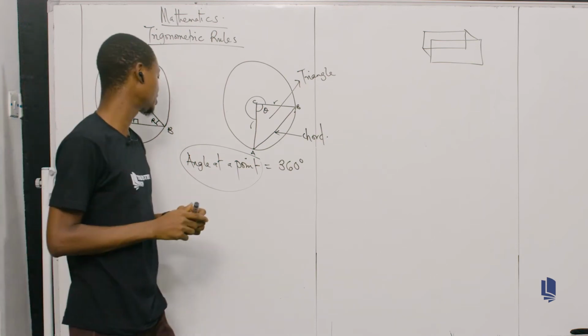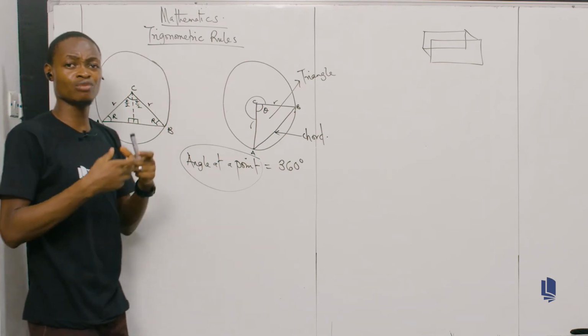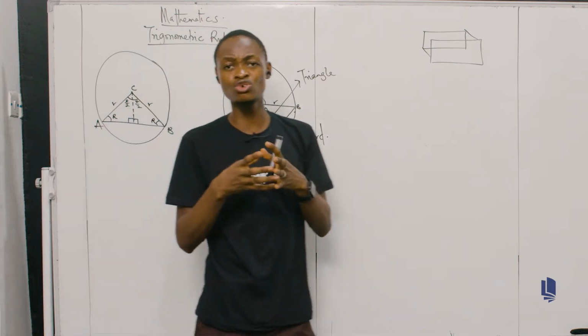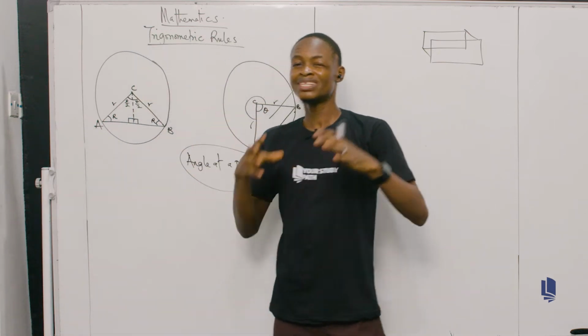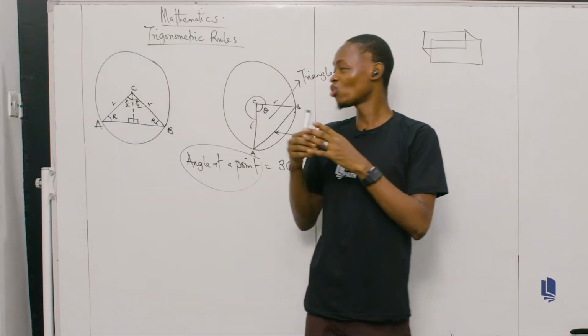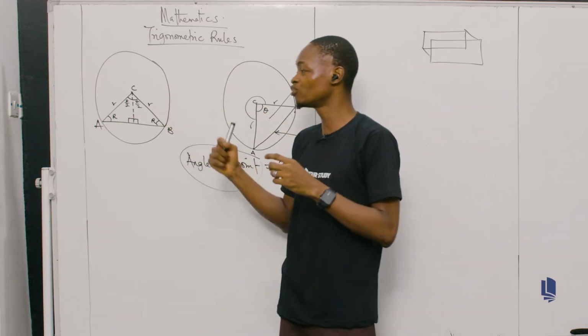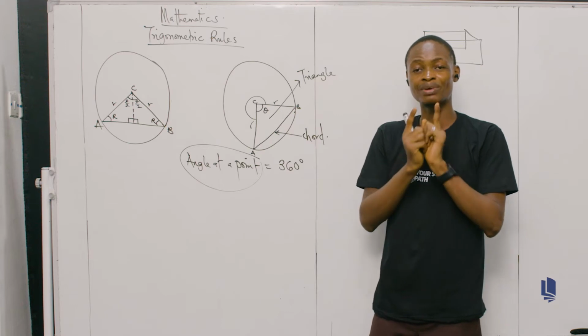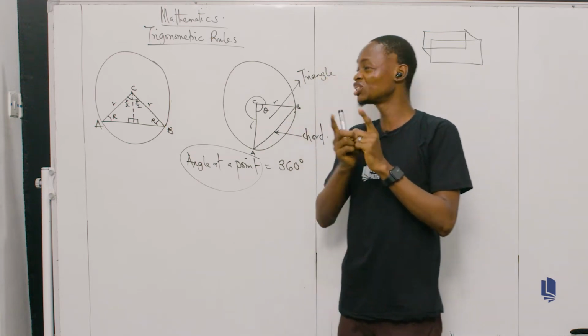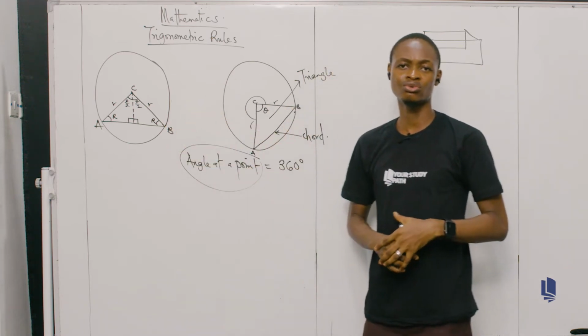What this means is that whenever you are able to construct a triangle within a circle, you will also be able to bisect that triangle perpendicularly in order to create two right angle triangles.